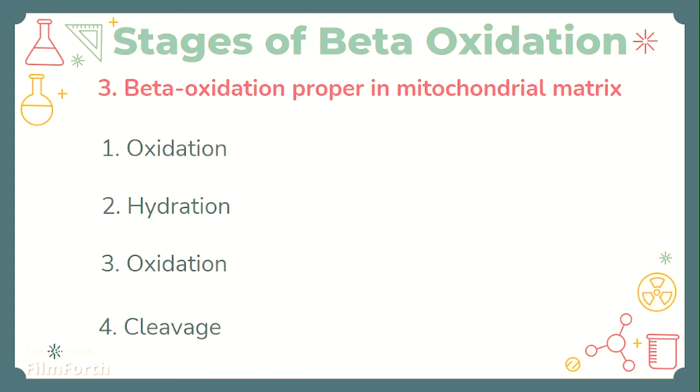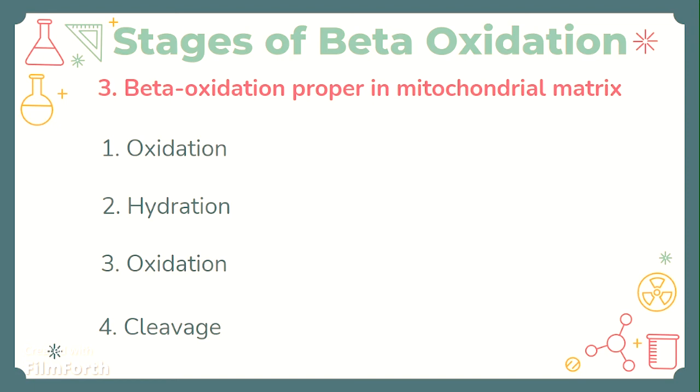Each cycle of beta oxidation, liberating a 2-carbon unit acetyl coenzyme A, occurs in a sequence of 4 reactions. First is oxidation, second is hydration, third is oxidation, and the fourth one is cleavage.